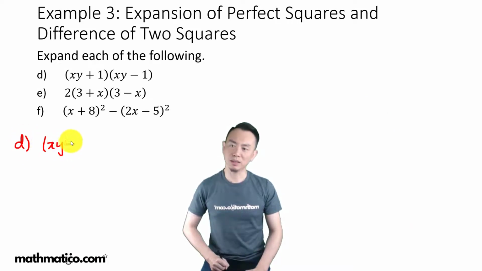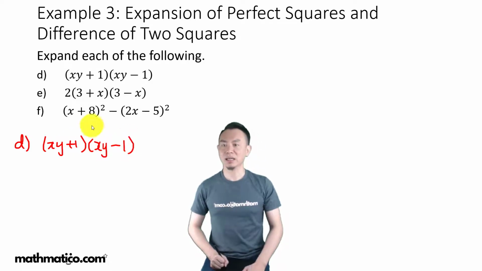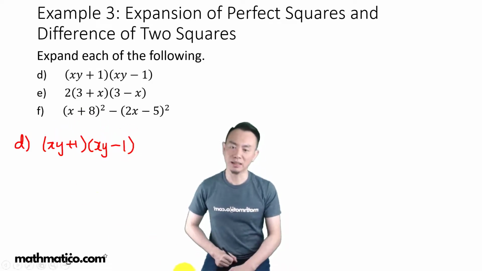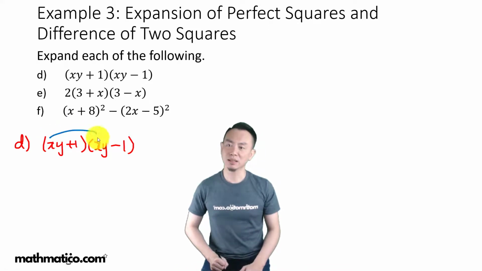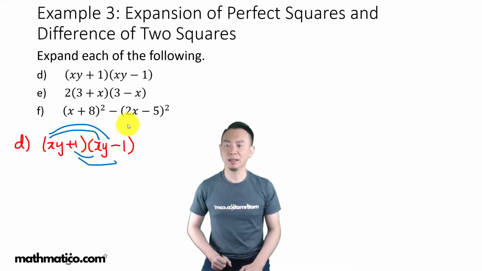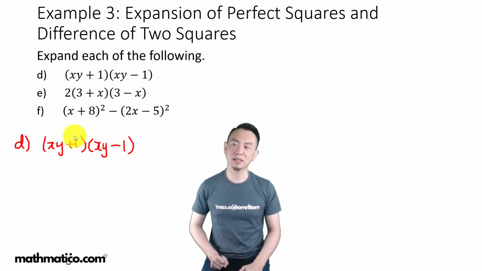(xy plus 1) times (xy minus 1). Okay, now you could multiply it like the usual way. But let's not do that. Let's just pause for a moment and recognize it for what it is. If this is a, and then this is plus b, that means a is xy, b is 1.